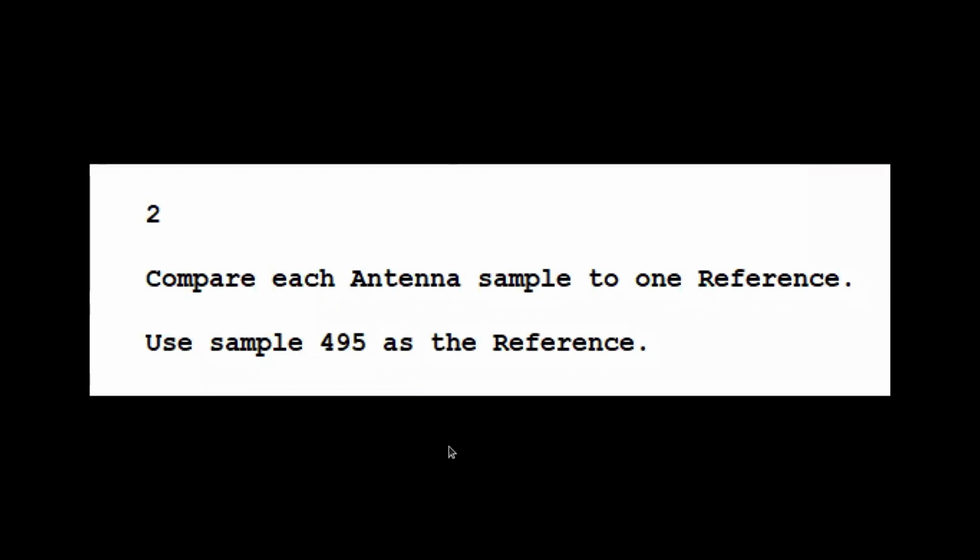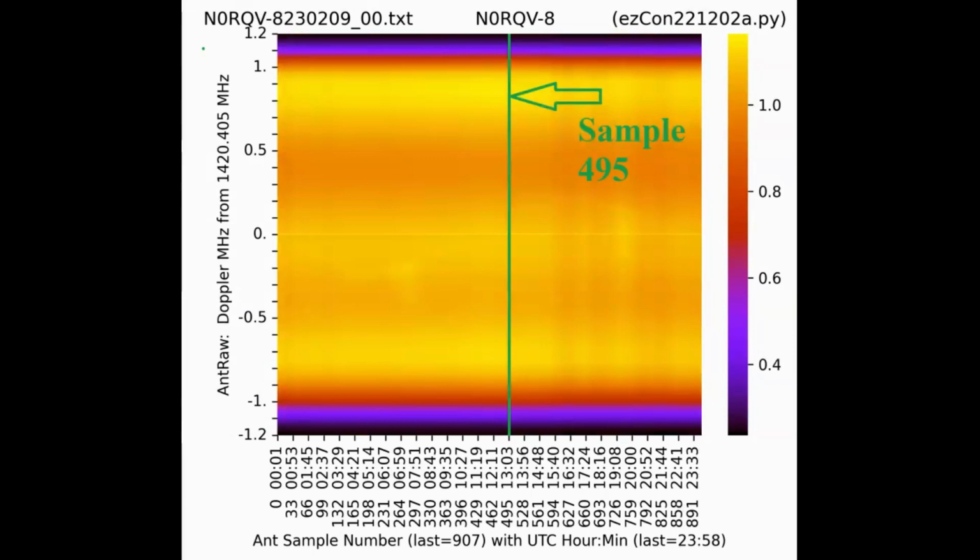Let's choose as that reference sample 495. Here's sample 495 out in the middle of nowhere. Let's take every vertical line sample, and for every frequency bin, let's divide it by the corresponding frequency bin value in sample 495.